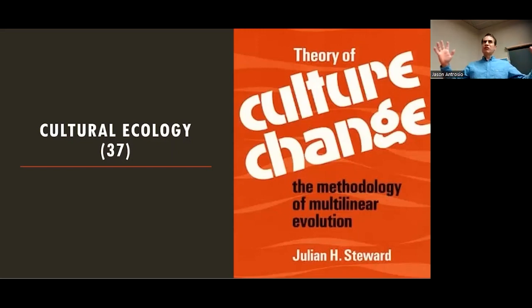And then you have Julian Steward coming up in the 1950s, trying to put things back together again, you might say. There he is, multilinear evolution. And he's trying to reconcile an influence between the environment and culture, bring these things back together.